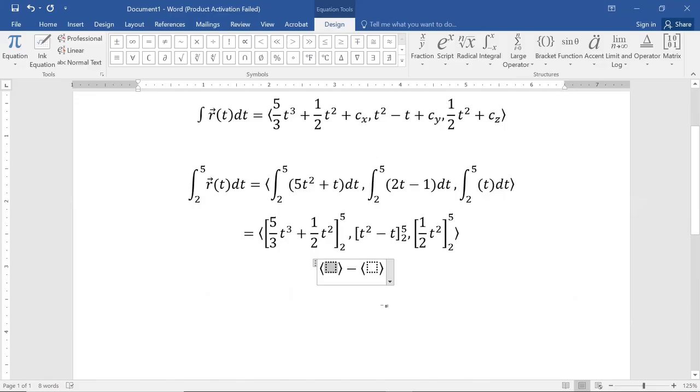What's going to happen when I plug in 5? Well, 5/3 times 5 to the third power plus 1/2 times 5 squared becomes 220 and 5/6.